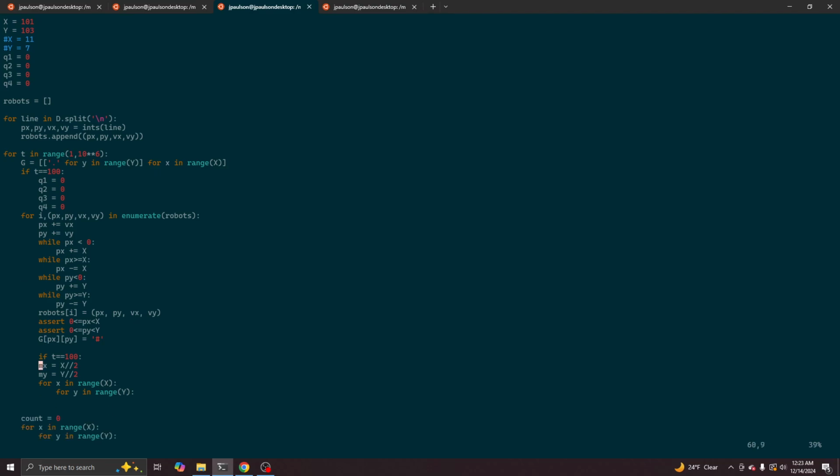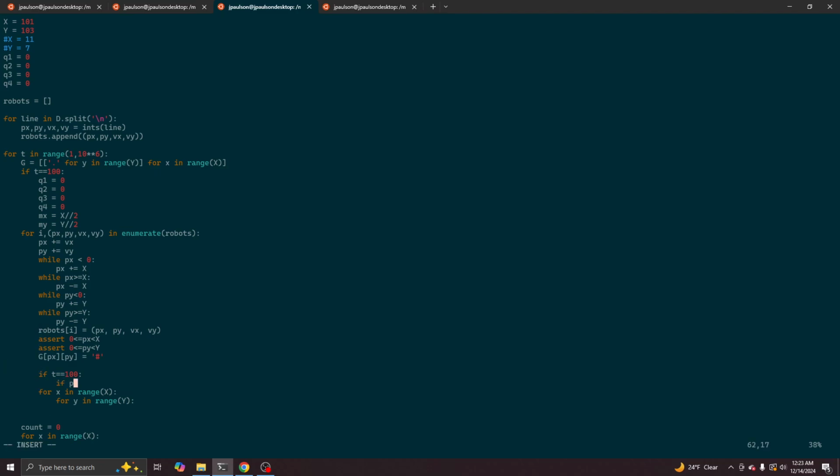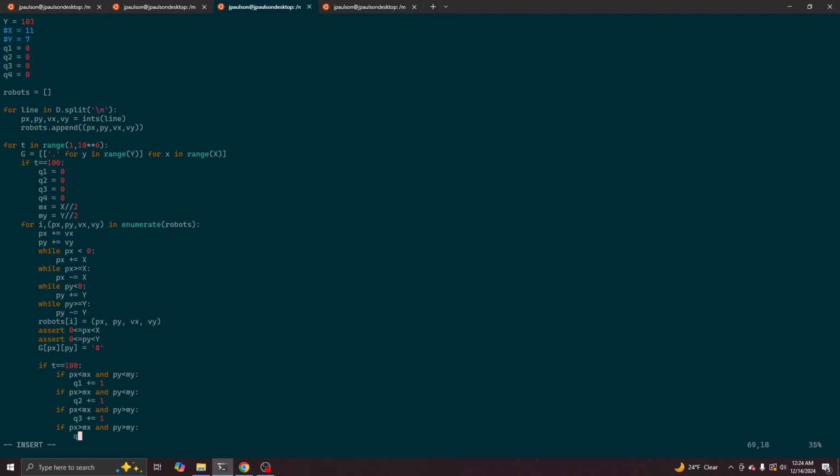So we want: if px is less than mx and py is less than my, q1 equals 1; if px greater than mx and py less than my, q2; px less than mx, py greater than my, q3; px greater than mx and py greater than my, q4.